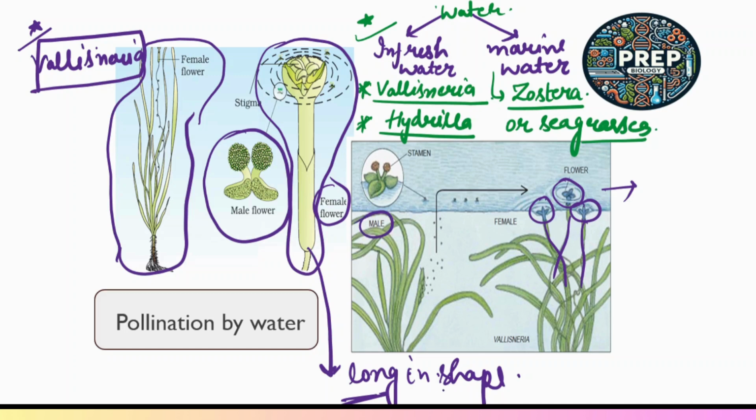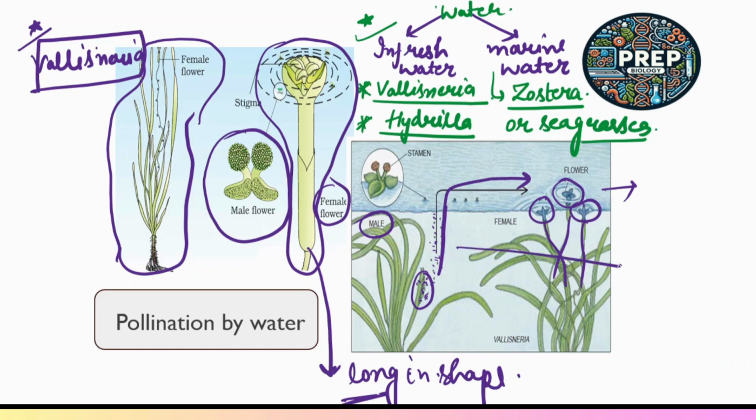This is the male flower. The pollen is released onto the surface of water. These are the pollens. They are released on the surface of water, carried by the water current, and reach the female flower.